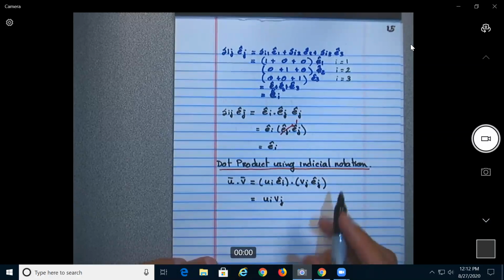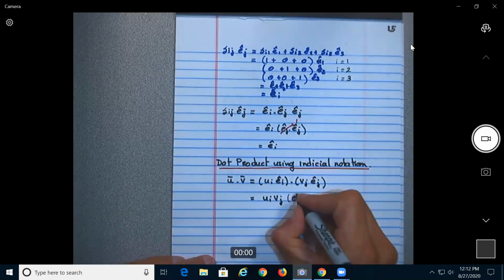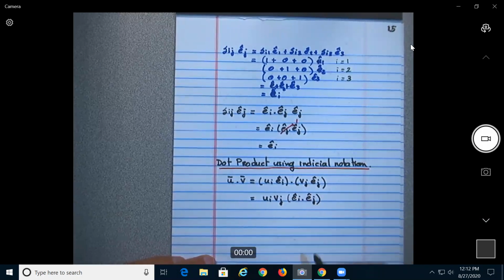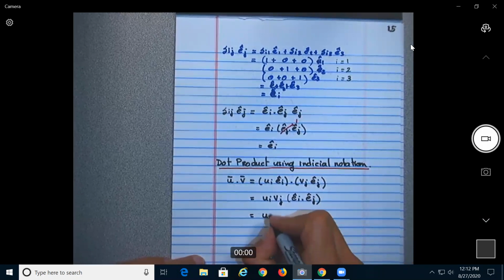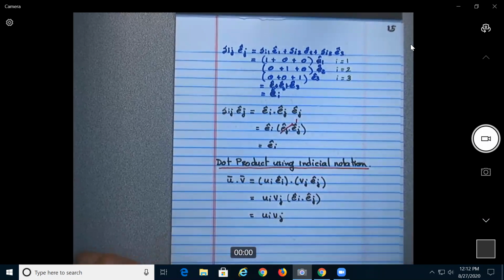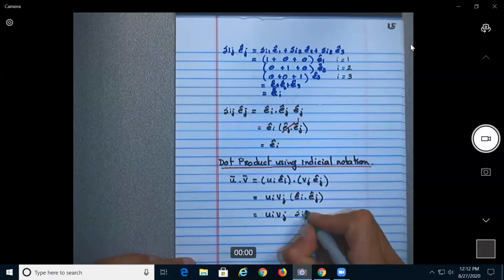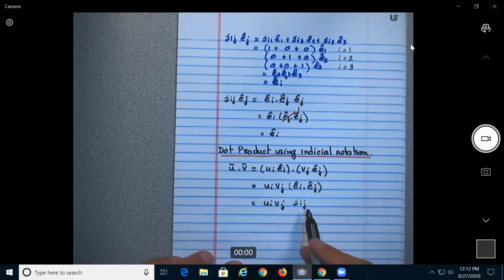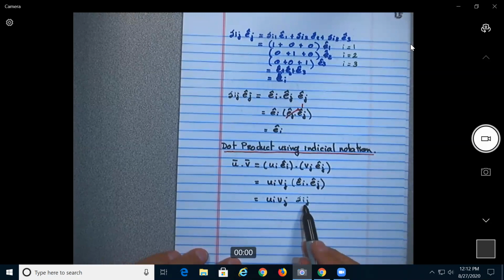Okay? And now you do this one of e sub i dot e sub j, which is equal to what? This is equal to u sub i, v sub j, times the Kronecker delta ij, no? Over here. So now, what is the definition of the Kronecker delta ij? If i is different than j, it was equal to 0, no?